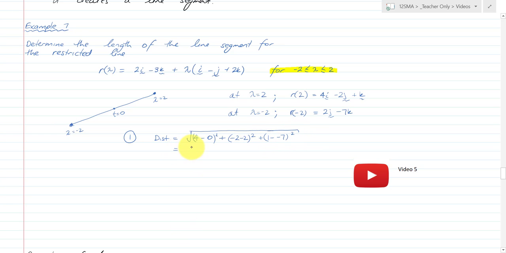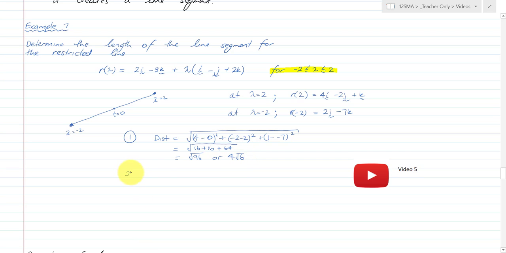That gives me the square root of 16 plus 16 plus 64, which is equal to the square root of 96. Of course there are 6 16s in 96, so it's 4 root 6 if you like.